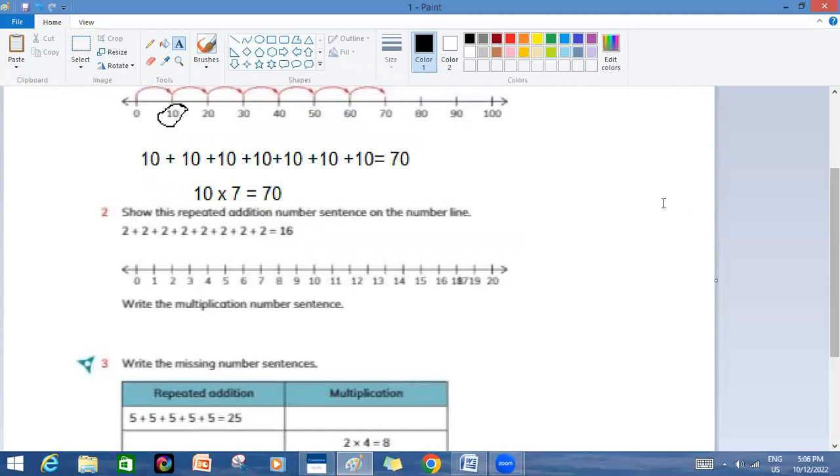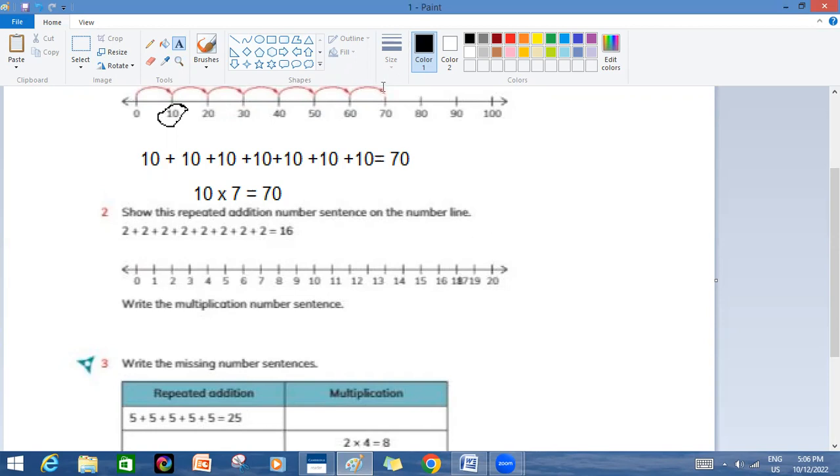We are going to move on to question number 2 and it will be easy for you. So here, show the repeated addition number sentences on the number line. Here, we are going to add 2 each time and show it on the number line. This number line is going to start from 0 and end at 20.